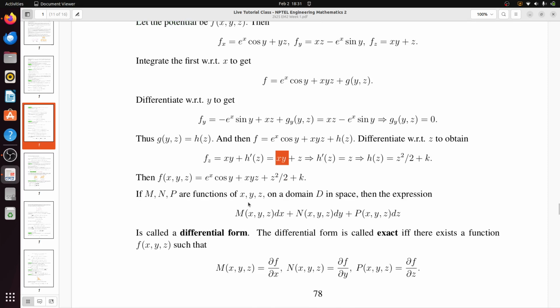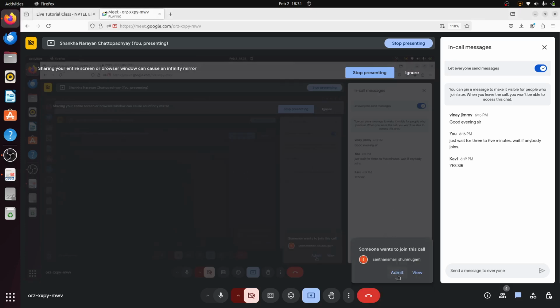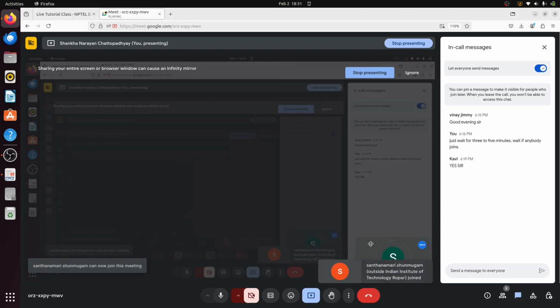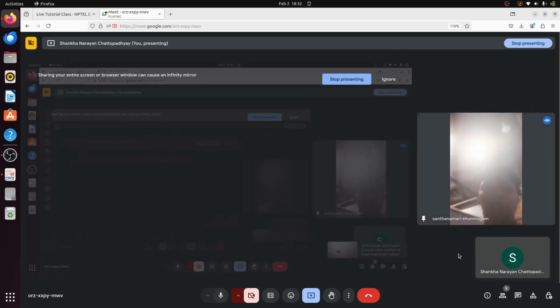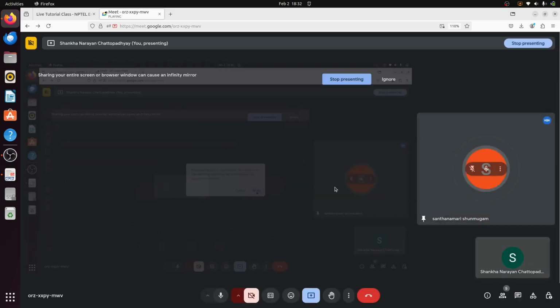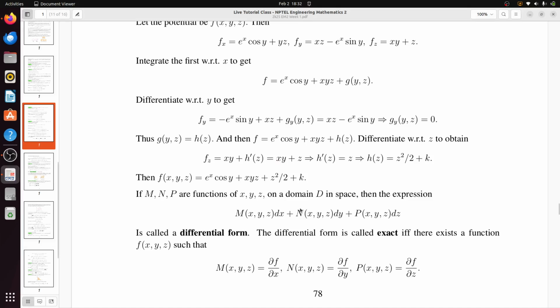So this becomes f(x,y,z) equal to e^x cos y + xyz + z^2/2 + k. If M, N and P are functions of x, y, z on a domain D in space, then the expression M(x,y,z) dx + N(x,y,z) dy + P(x,y,z) dz is called a differential form.